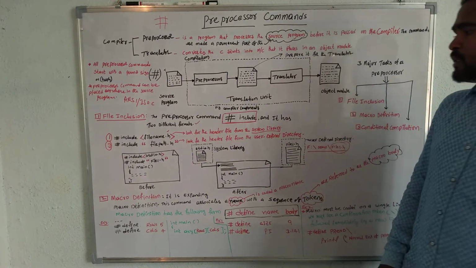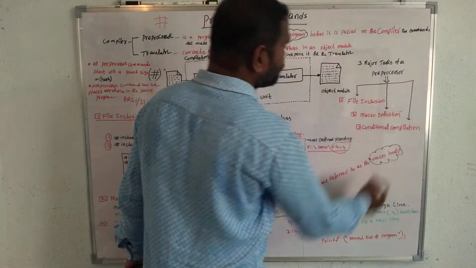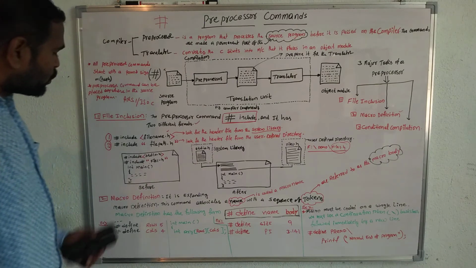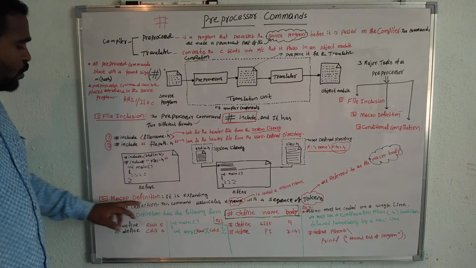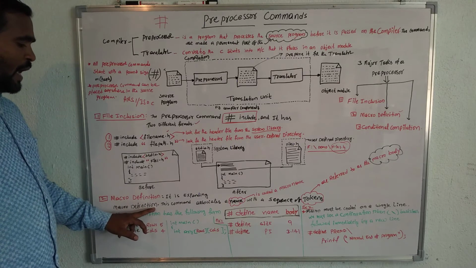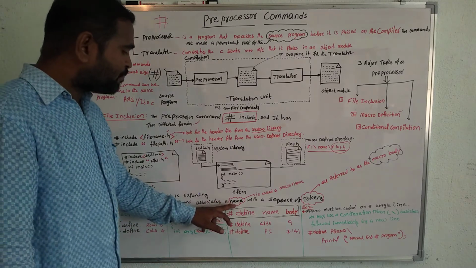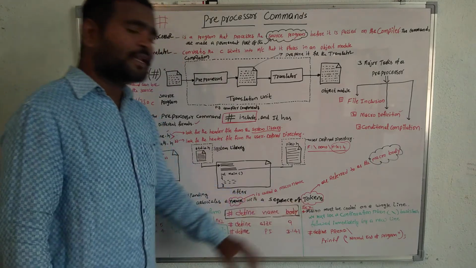Next, I am going to discuss macro definition. The second one is macro definition. The macro definition is an expanding macro definition, and this command associates a name with a sequence of tokens.